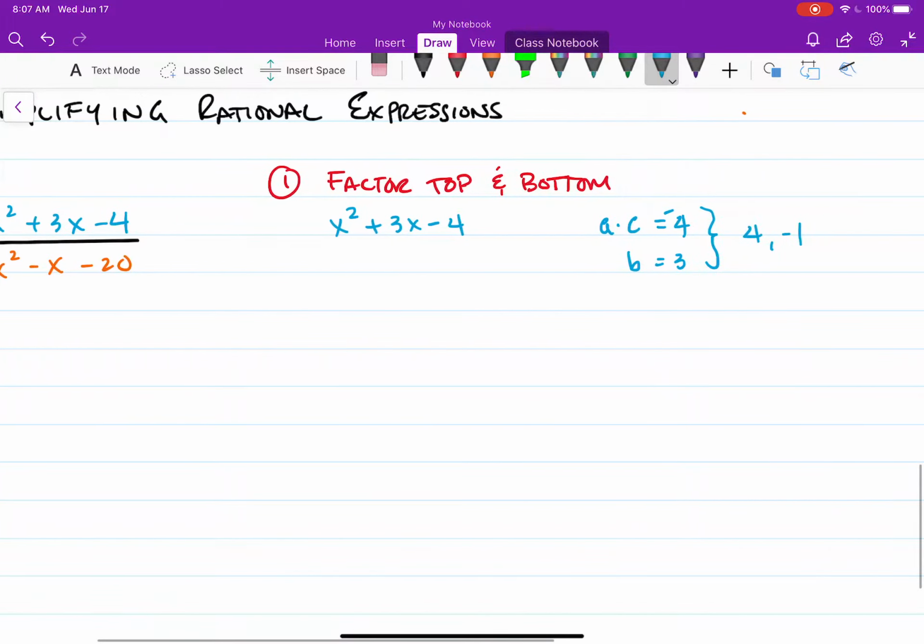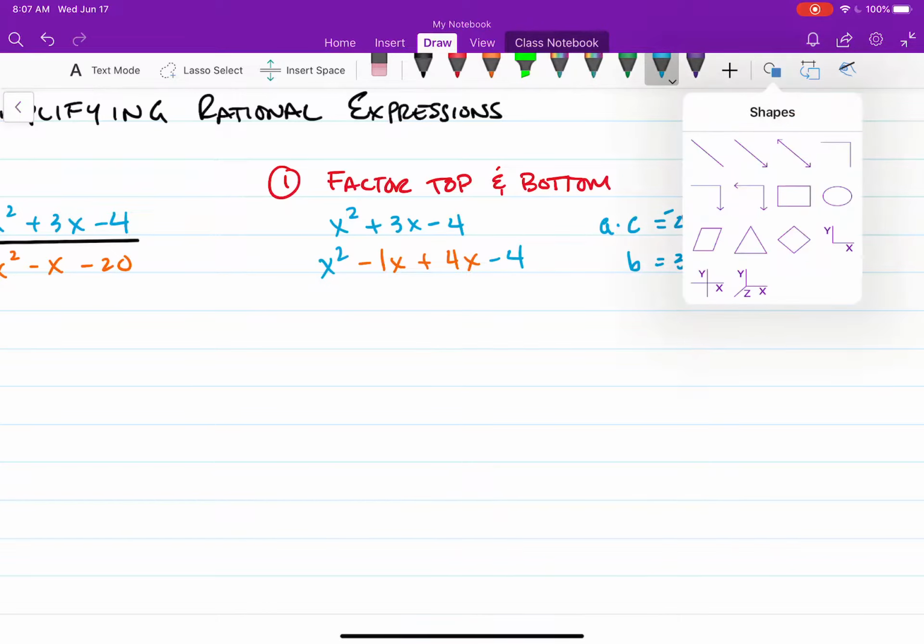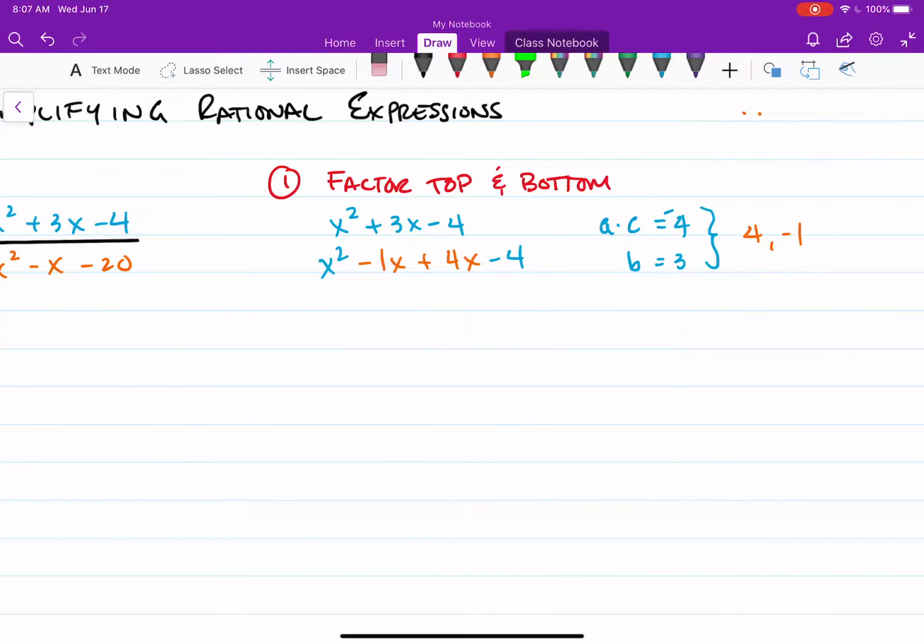So let me change these colors as well. Let's change it to orange. All right, so that means I have to go x squared. I'm going to use negative first. Minus 1x plus 4x minus 4. And then I have to factor by grouping.